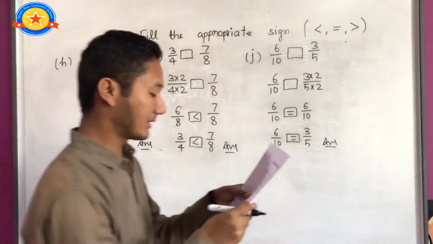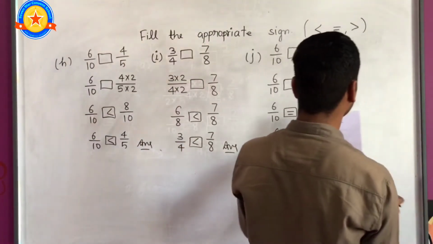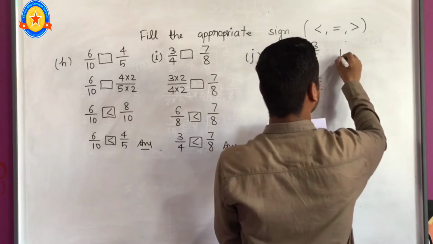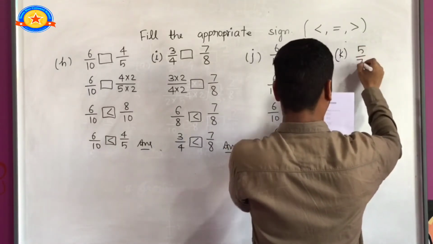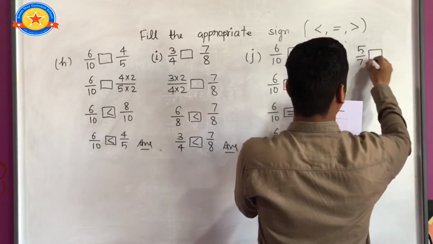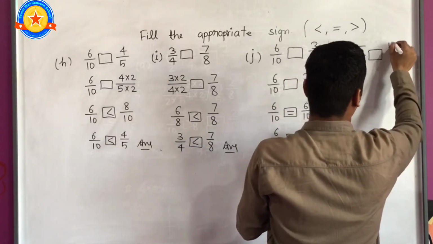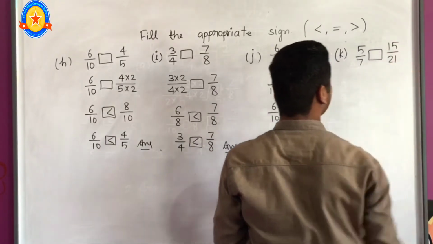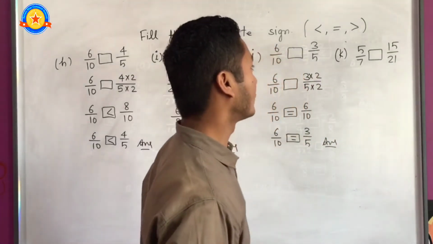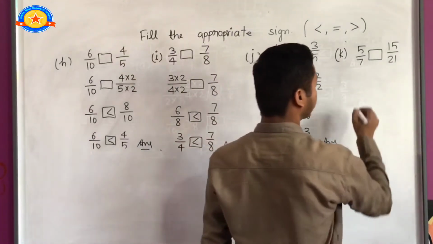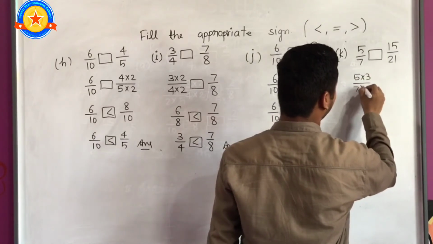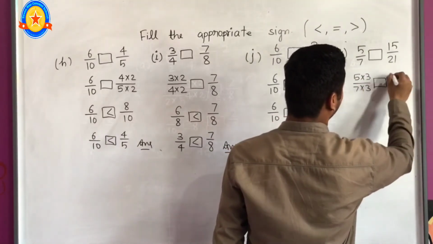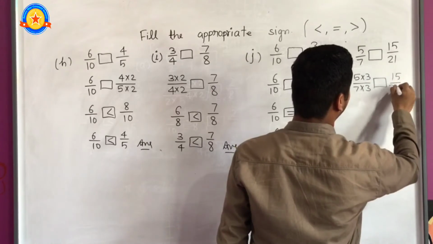Our next question is K part. 5 by 7 blank space 15 by 21. Again, to make the denominator same, 5 into 3 by 7 into 3, it becomes 15 by 21.